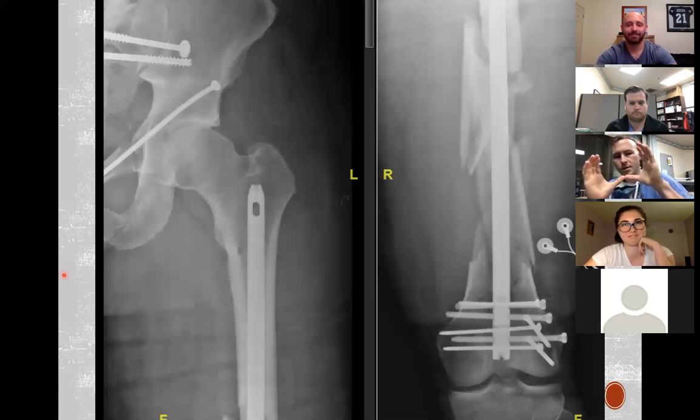And if they have an arterial or significant venous bleed into this limitless volume pelvis, then closing down that volume with a pelvic sheet could save their life.